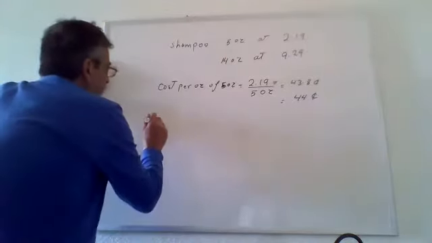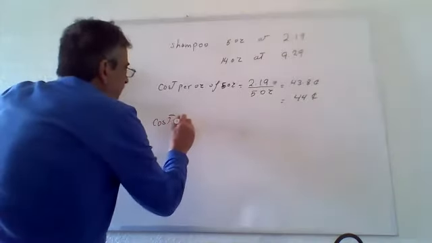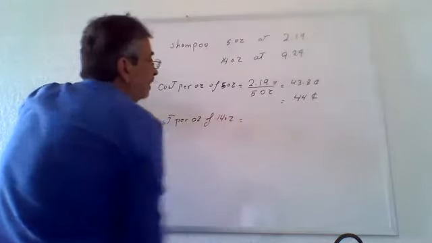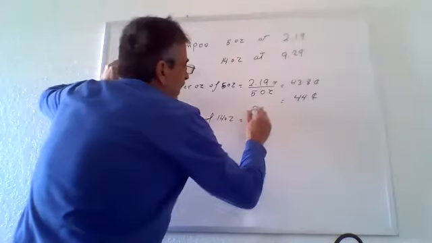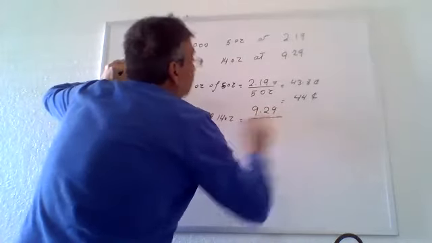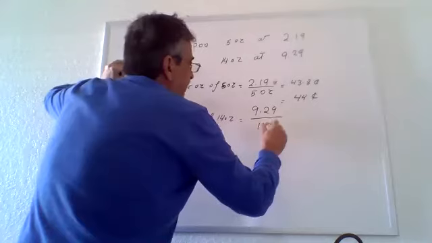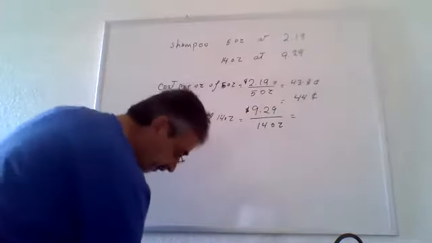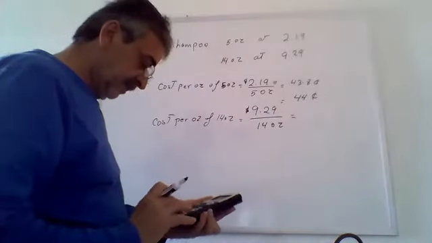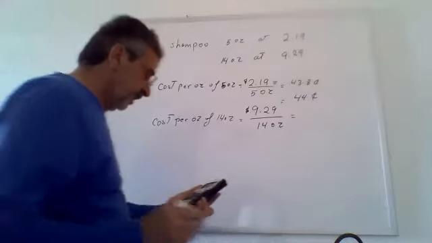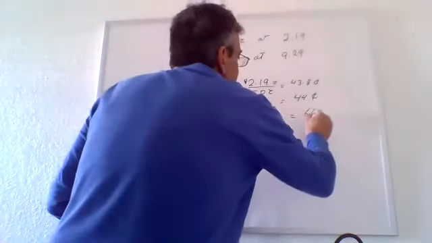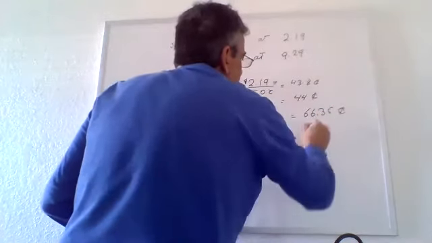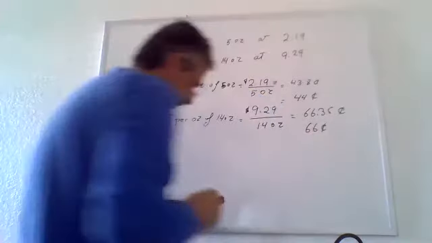Now the cost per ounce of the 14 ounce should be $9.29 divided by 14 ounces, which gives 66.35 cents, or 66 cents.